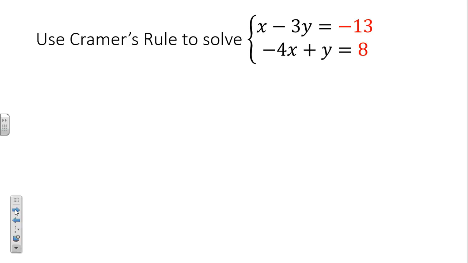Use Cramer's rule to solve this system of two equations, two unknowns. This time we're not going to use elimination or substitution anymore. We're using Cramer's rule.